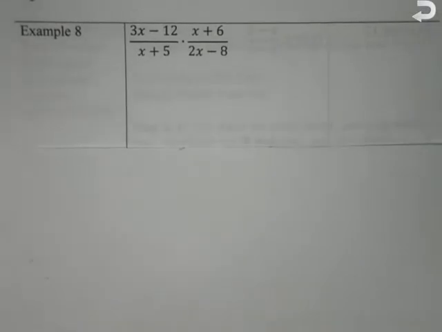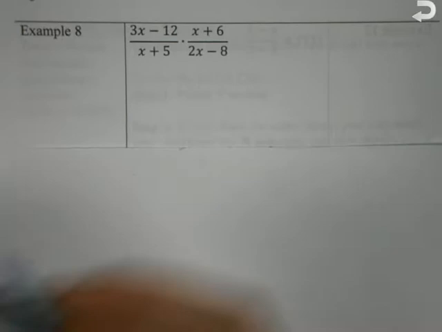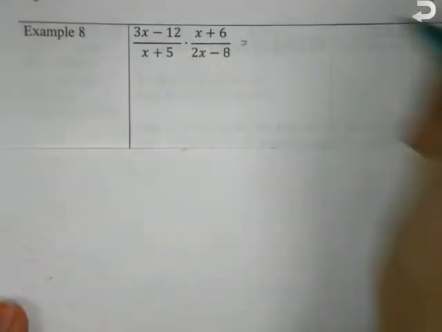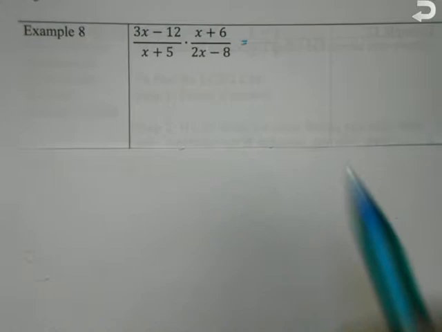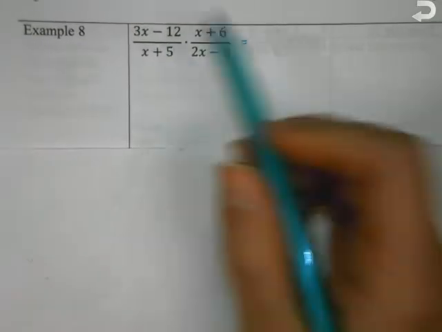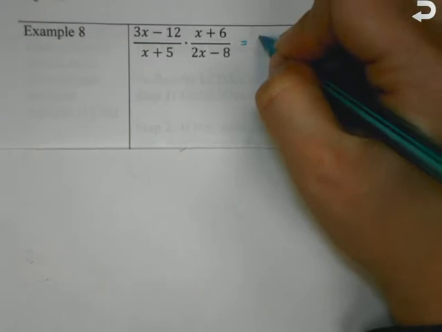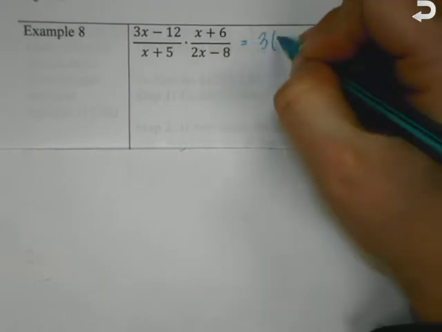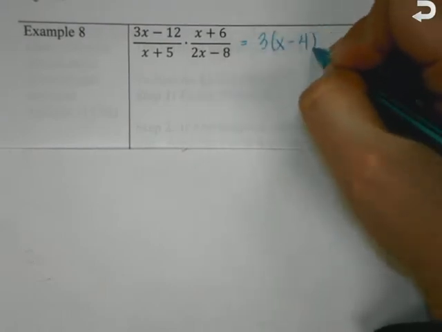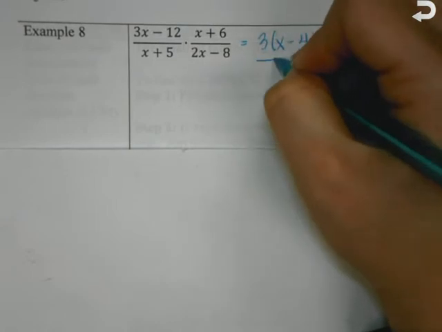GCF, so pull out the GCF of 3, that gives me x minus 4. All over x plus 5 does not factor, so we leave it as it is. Something helpful that I like to do is put that in parentheses as well to help remind me that it stays together.